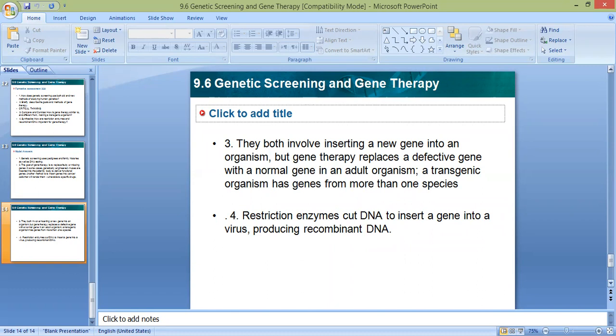It's not necessary to have more than one; it could be one or more species. The idea is that both of them insert a new gene into an organism. In both cases you insert a new gene into the organism, but in gene therapy it replaces a defective gene. Okay? Transgenic organism means they have genes from more than one species. Is it clear now, Murad? Yes.